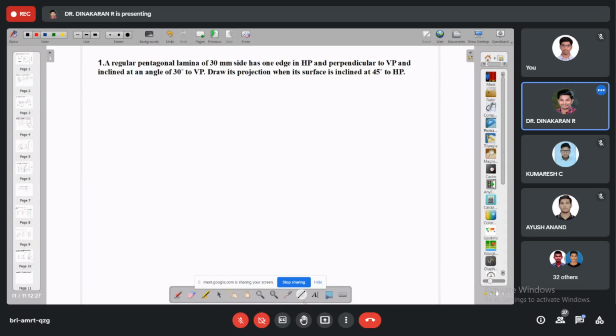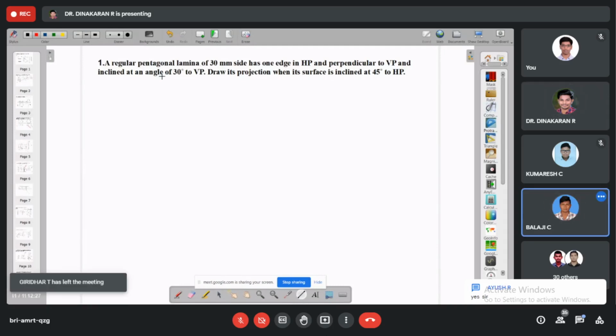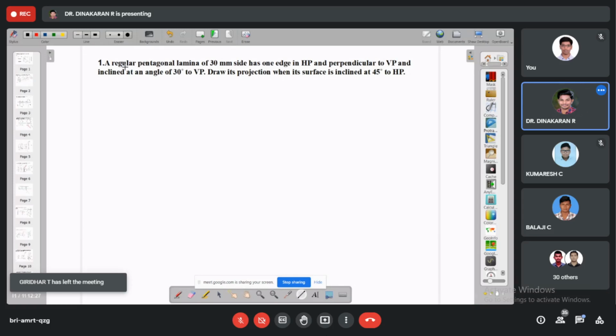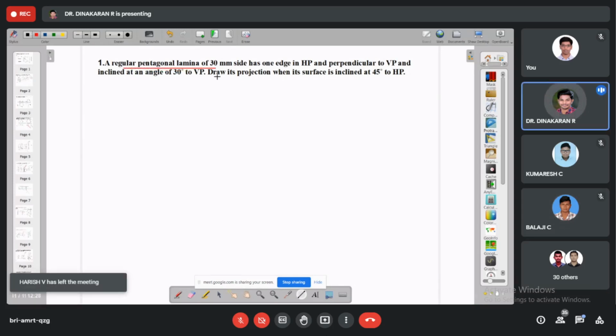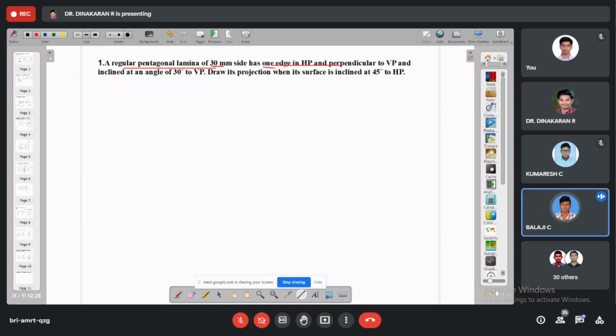Balaji, what geometry is there? Pentagon. So for the pentagonal lamina, is the side dimension given or not? 30 mm. Okay, where is it resting? One edge in HP and perpendicular to VP. Which means the pentagon will come below the reference line or above the reference line?